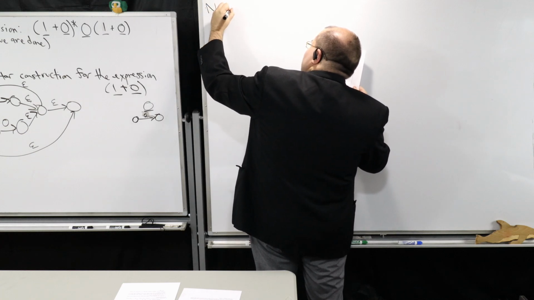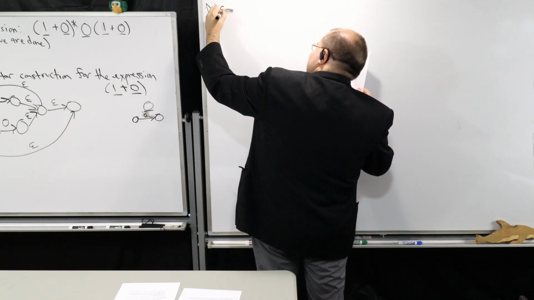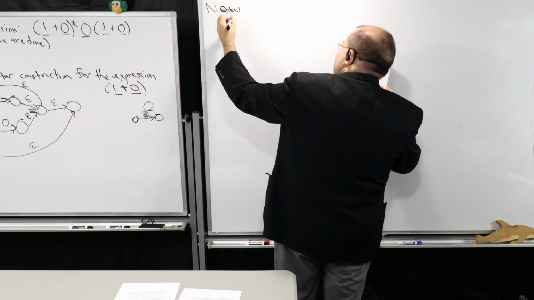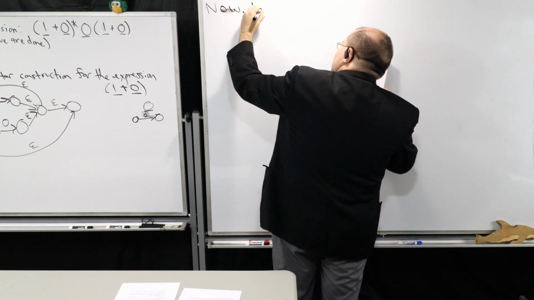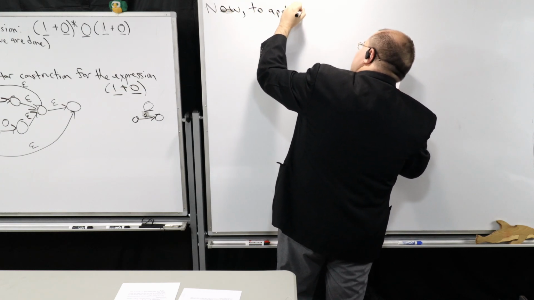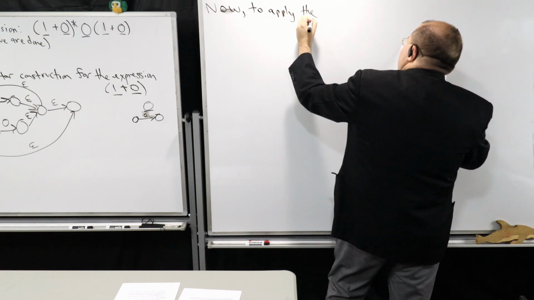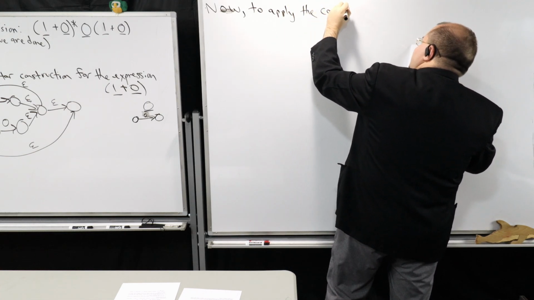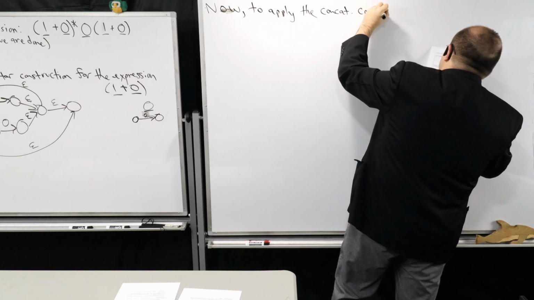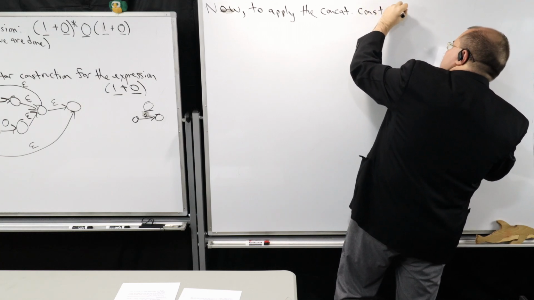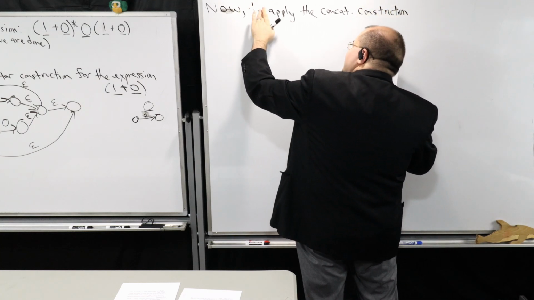So now, there we go. That looks better. Now, to apply the concatenation construction, instead of saying "I," let's go with "we."